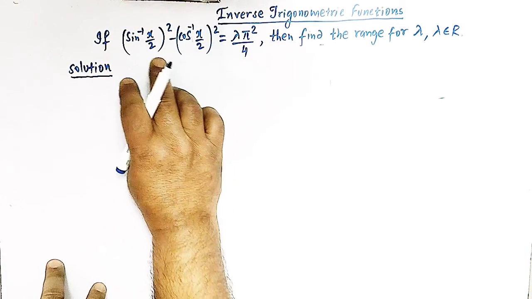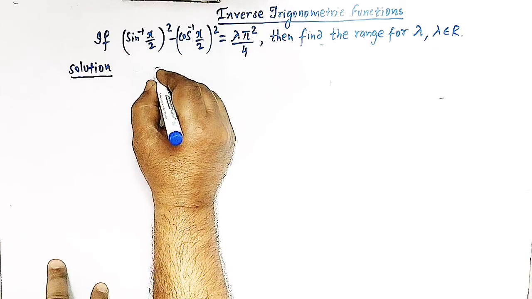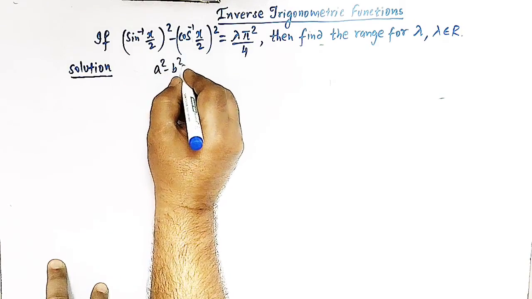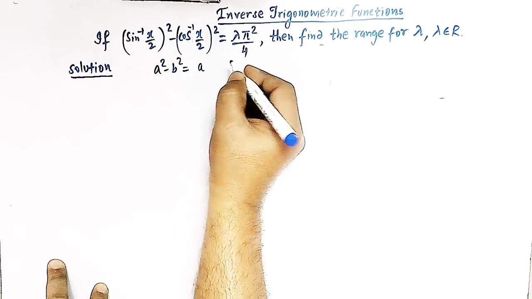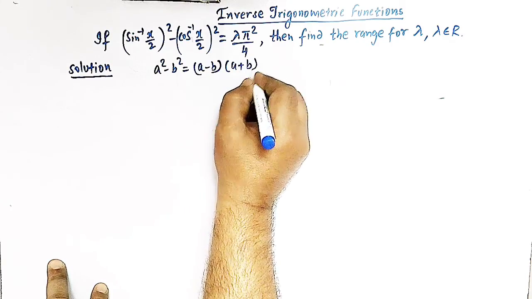So now let us first apply the well-known identity, that is a square minus b square is equal to a minus b times a plus b, right?